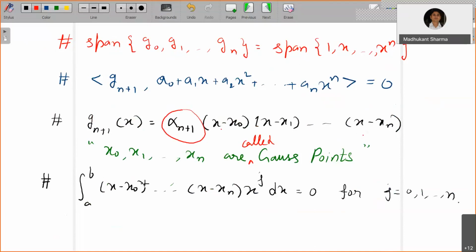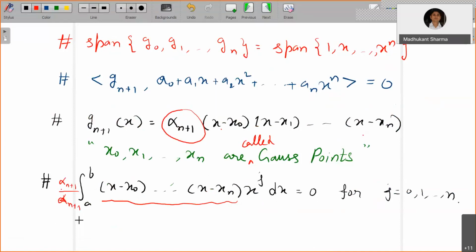And just now we have seen that Gn plus 1 is orthogonal to any polynomial of degree less than or equal to n. So this is your Gn plus 1. If you multiply by alpha n plus 1 and divide by alpha n plus 1, then this alpha n plus 1 together with Gn plus 1 is going to be orthogonal to constant, x, x square, x cube, and so on till x to the power n.